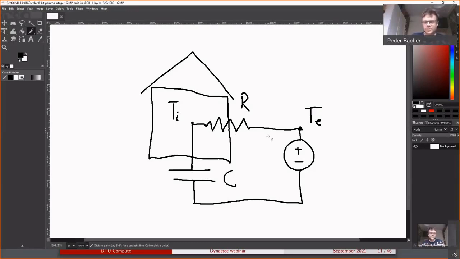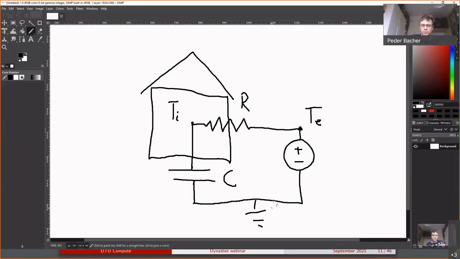This is the simplest model we can come up with. It just has a resistance and a capacitor, and it's driven by a voltage source, or temperature source, which is the external temperature. It's changing, and then the internal temperature changes as a function of the external temperature. And here we have the ground.